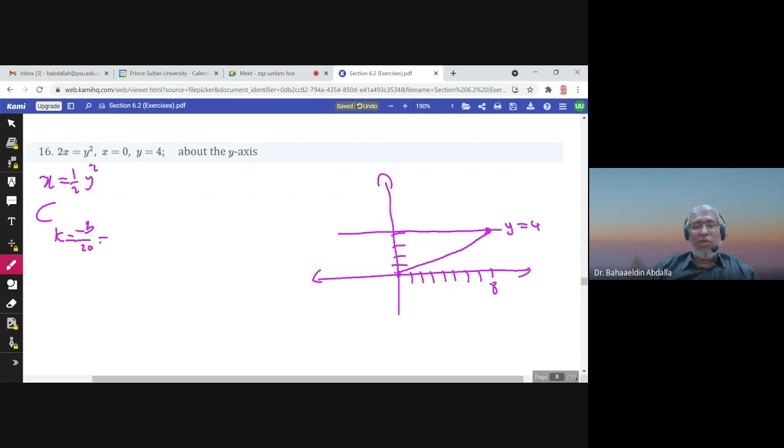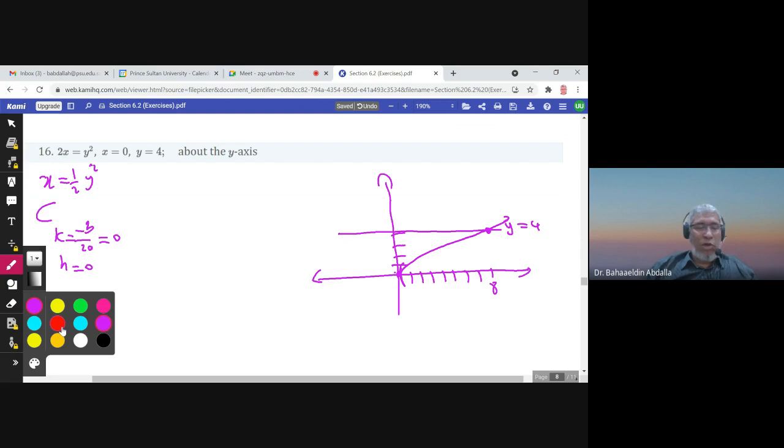B is 0 here, so k is 0 and h is 0. So actually, this is the vertex. So this graph is not accurate, because this is the vertex of the parabola, and it goes like this.